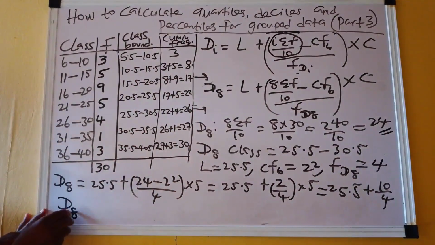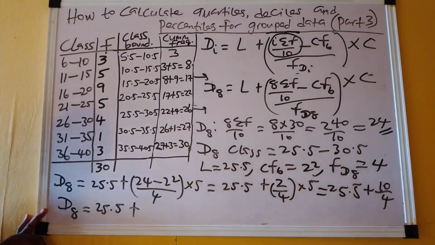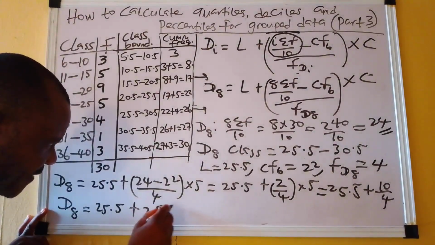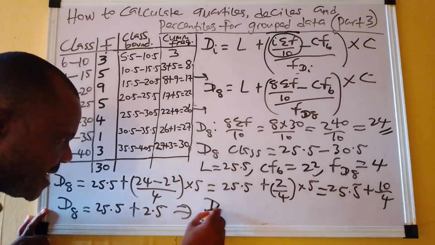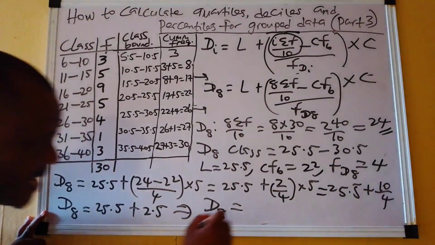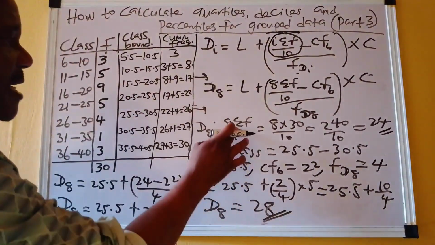So our D8 will be equal to 25.5 plus 10 divided by 4, which is 2.5. So this implies that our D8 is equal to 25.5 plus 2.5, which is equal to 28. So our D8 is 28, the 8th decile.